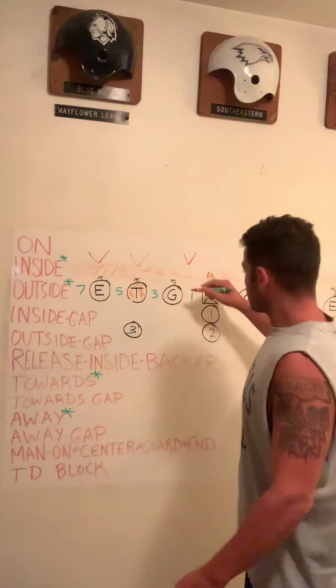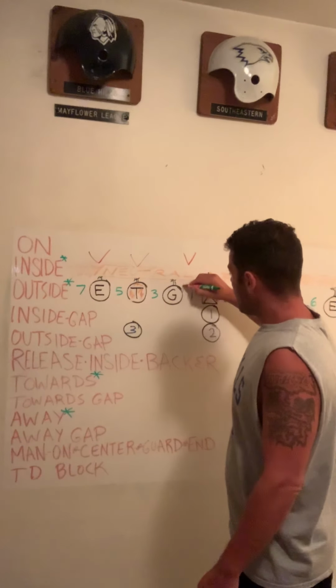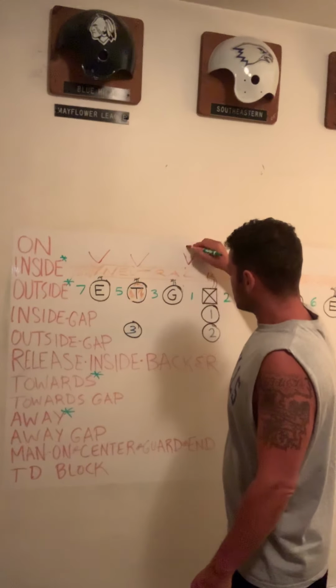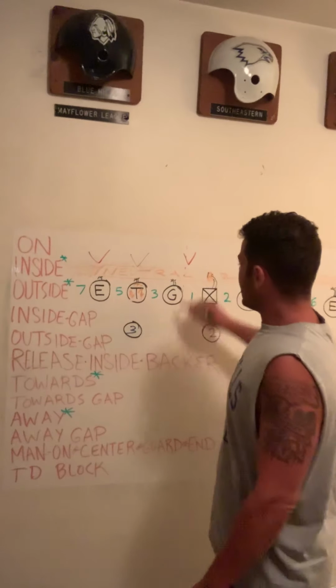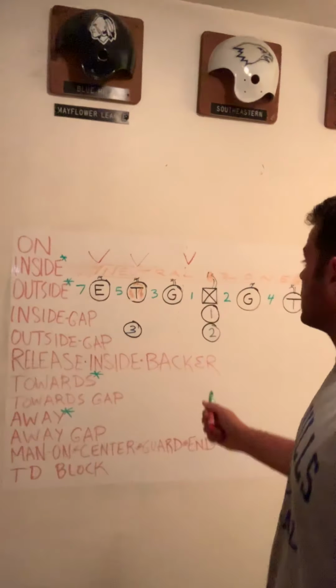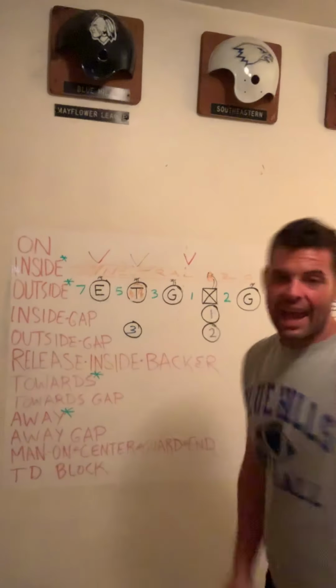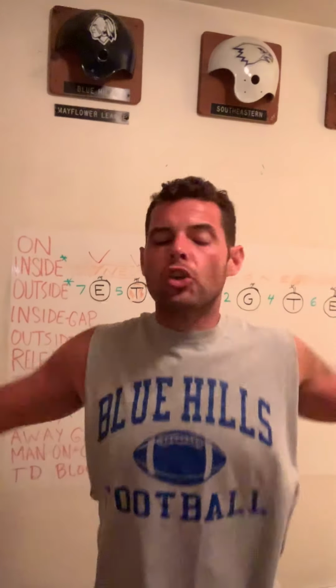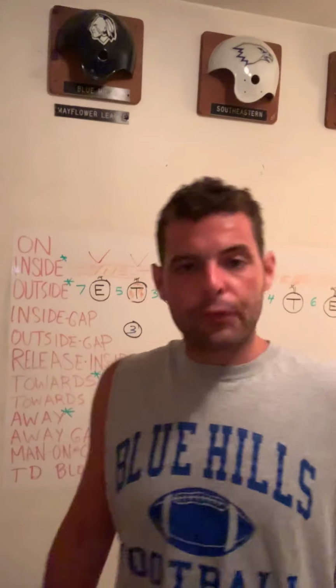So, on the guard, if your man that seems to be in the direction of inside is beyond head up the guard, you don't block him. It's going to be too hard for you to block him.